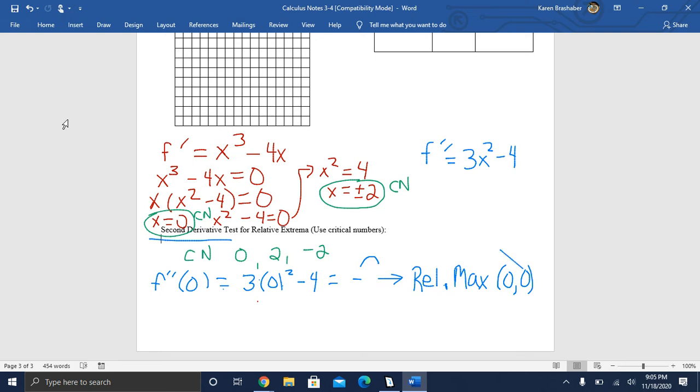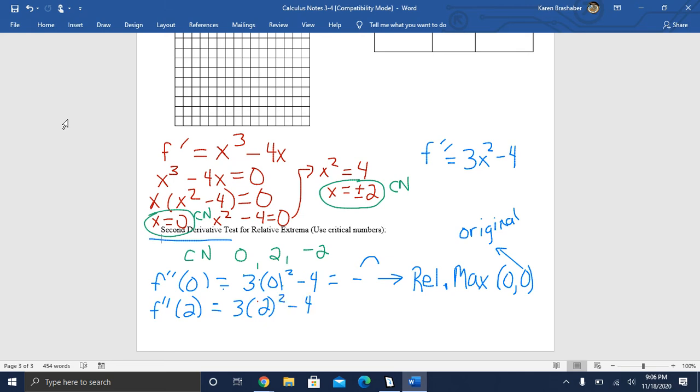So make sure that you do this by going into the original function. And then let's take a look at f double prime of our next critical number. So I listed 2. f double prime of 2 is 3 times 2 squared minus 4.